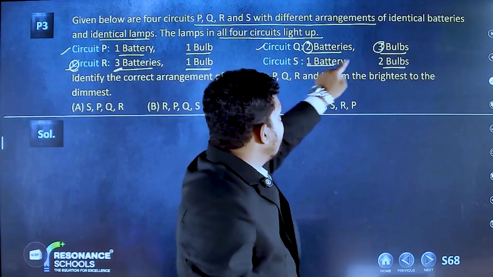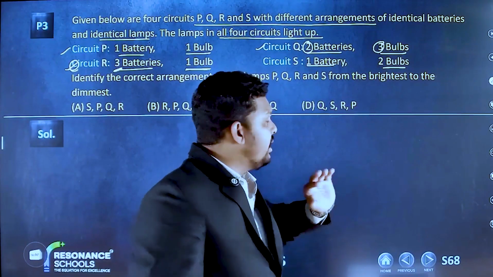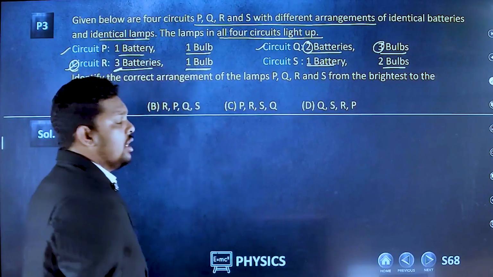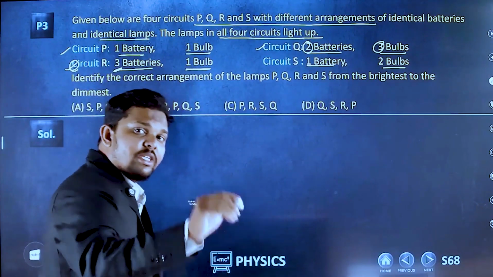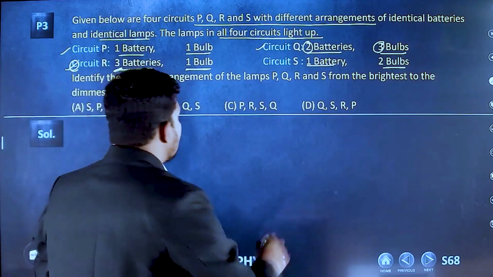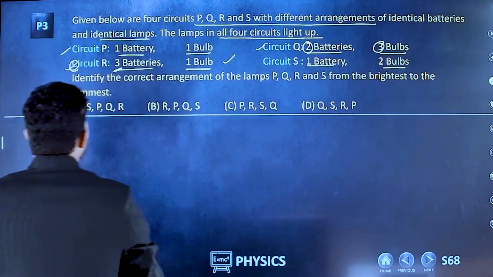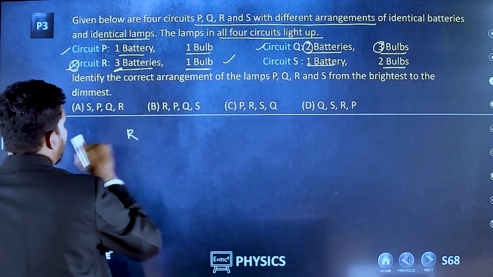Here with 1 battery and 2 bulbs, the brightness will still decrease. The brightness will decrease most in the last case. So the highest brightness will be in R.